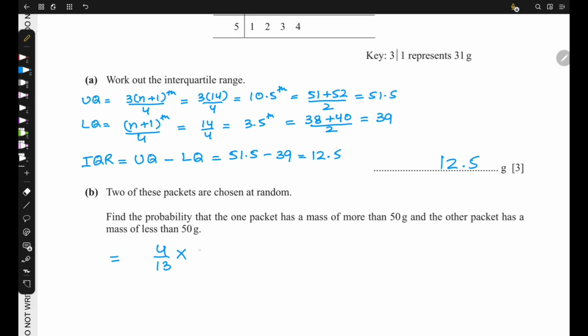But we will write 9 out of 12 instead of 9 out of 13, because this question is related to without replacement. It means if we pick the first packet, the total number of packets will decrease by 1. And the second possibility is the first one is less than 50 grams, 9 out of 13, and the second one is greater than 50 grams, 4 out of 12.